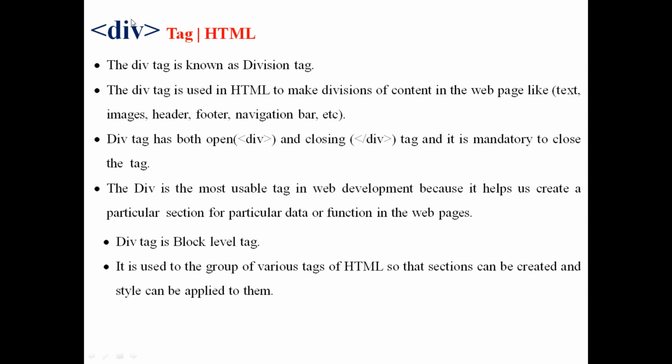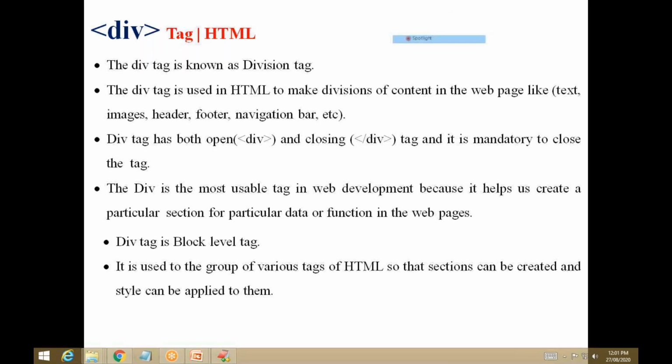But some people don't know what is the use of the division tag. The div or division tag is used in HTML to make divisions of content in a web page, right? The division tag is used to make divisions of our web page or division of contents.